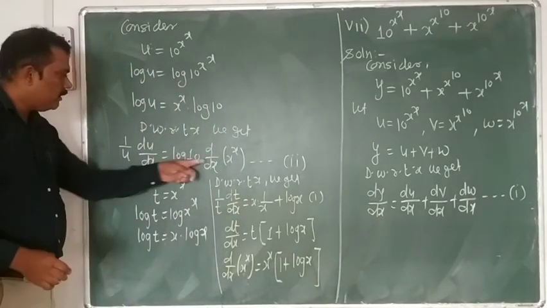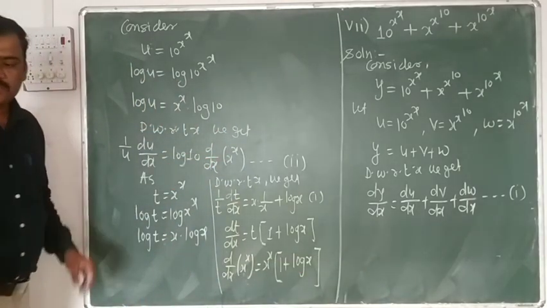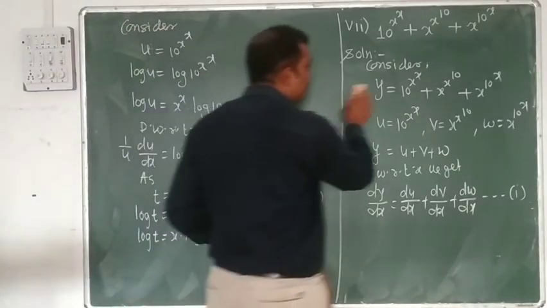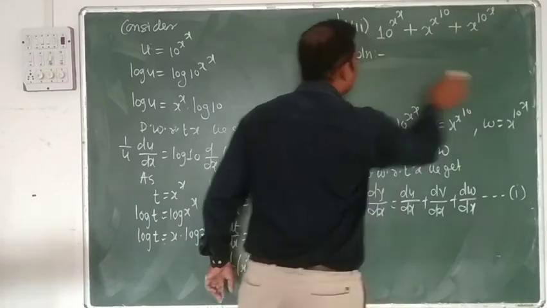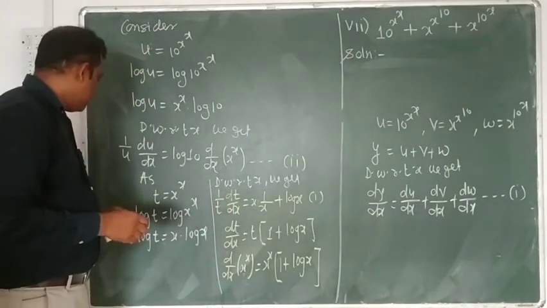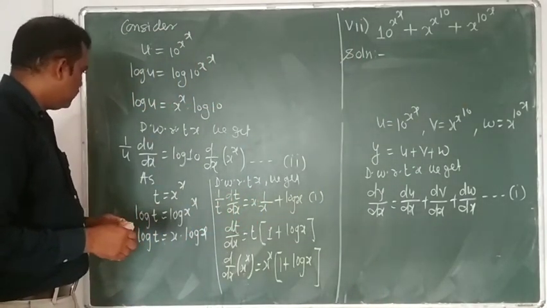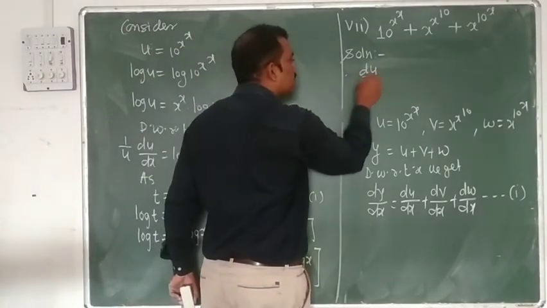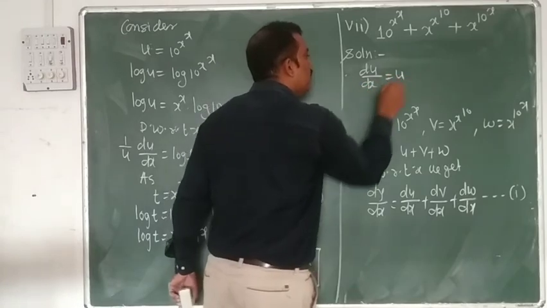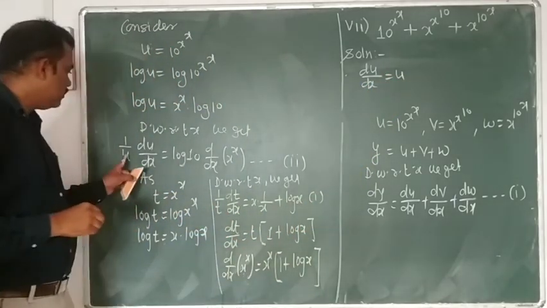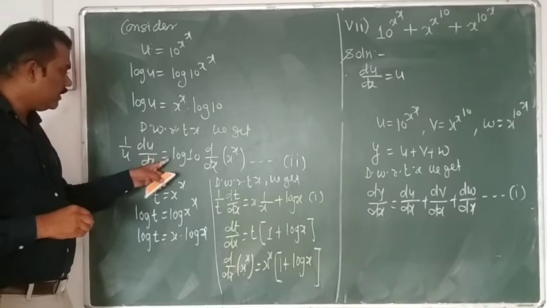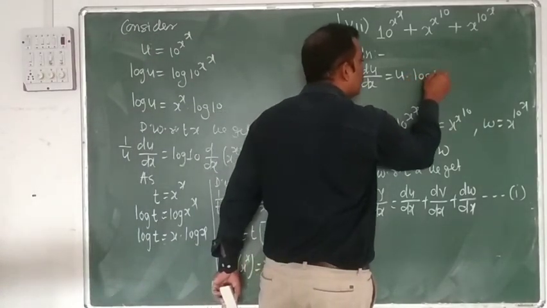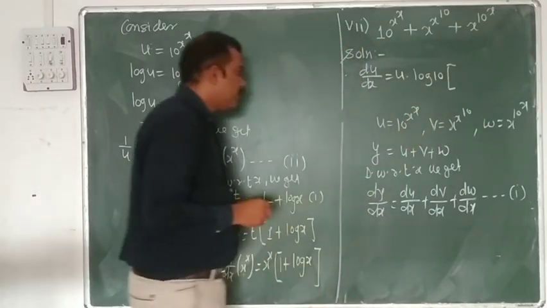We use this value here, d by dx of x raised to x, so that du by dx is equal to u into log of 10 into d by dx of x raised to x.